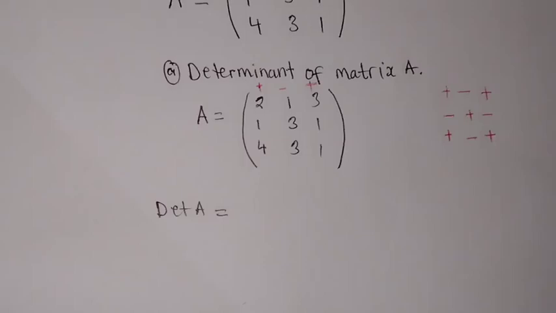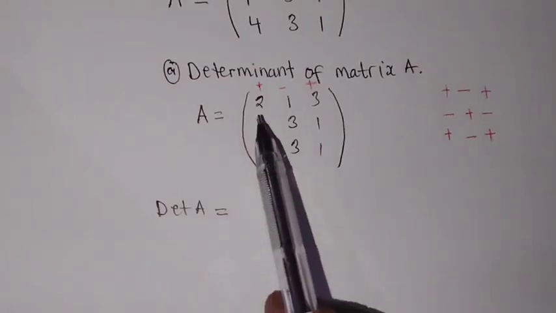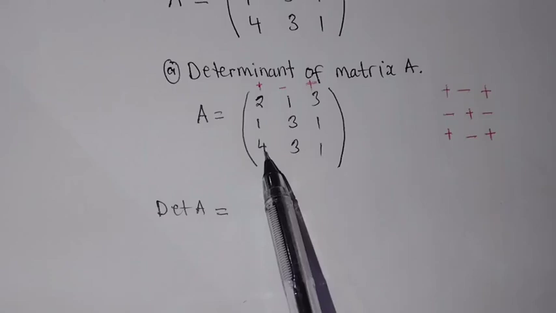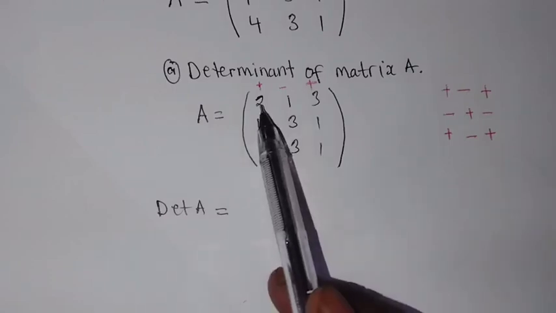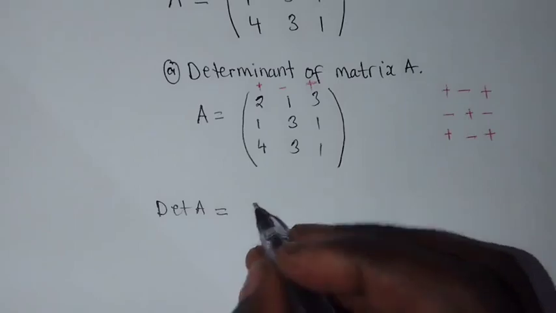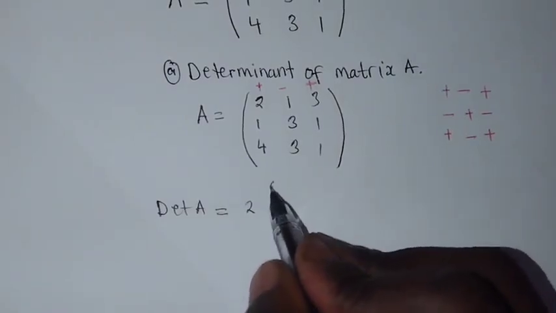If I use the first row there, what is going to happen is that I'll be covering the entire row and the entire column. Then I'll also use a 2 here. That is the method that I'm going to use. So first thing, you are going to write a 2 like this.